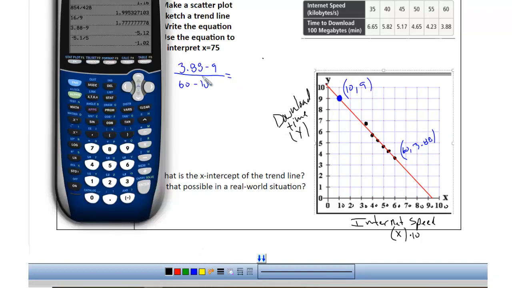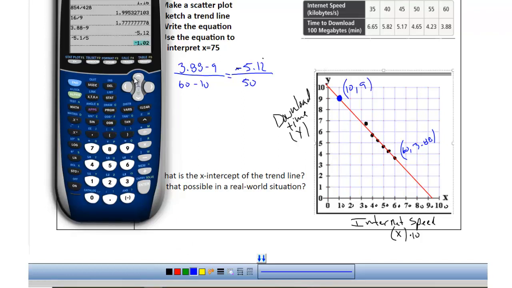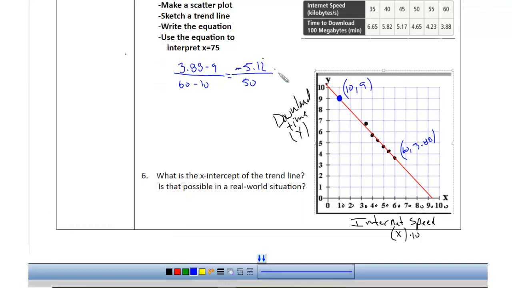We'll use the calculator: 3.88 minus 9 is negative 5.12, over 60 less 10, which is 50. So we divide that by 50, and we get negative 0.102. Okay, so there's your slope.